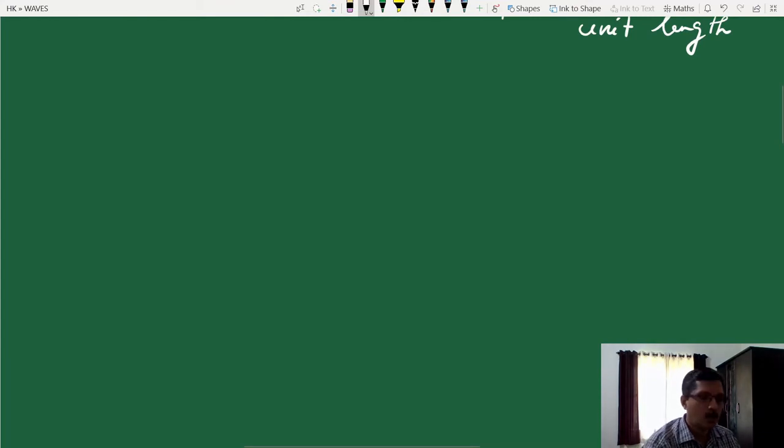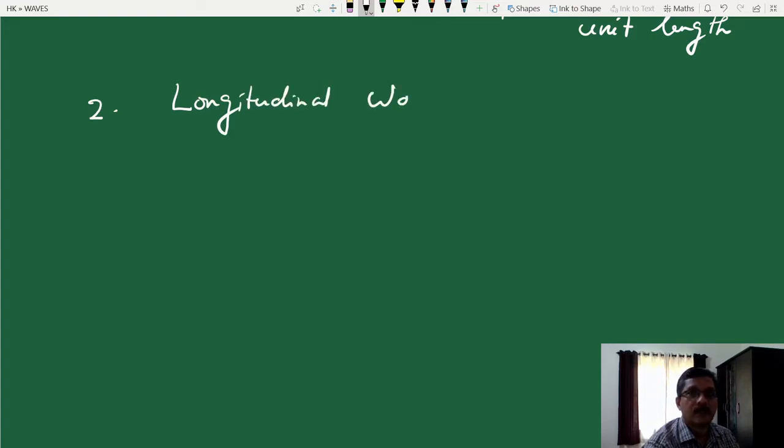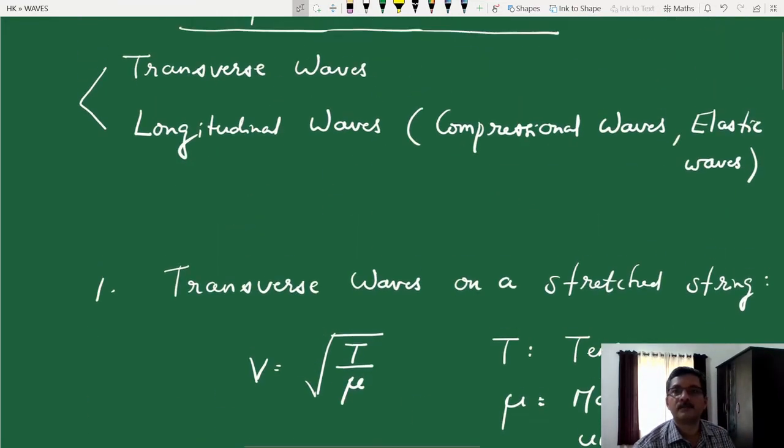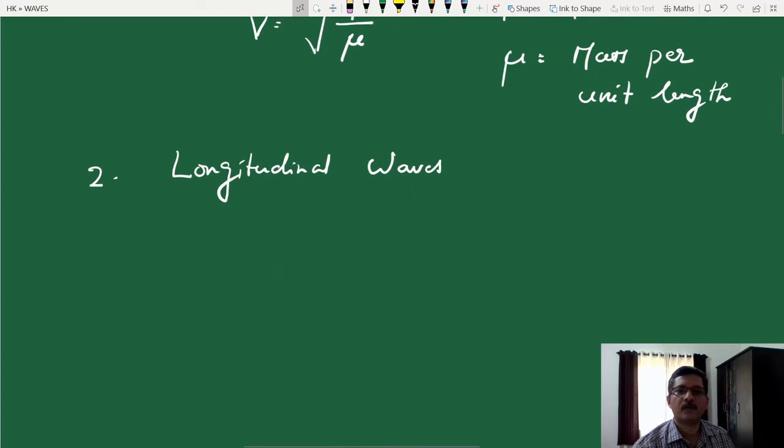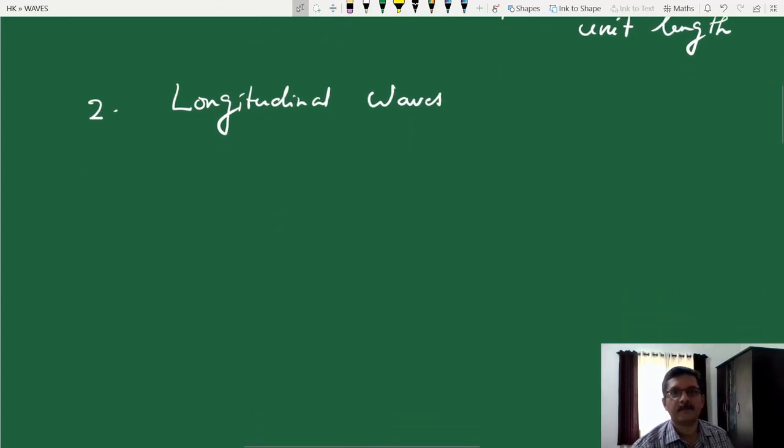Now consider longitudinal waves. As I have expressed before, longitudinal waves are also called compressional waves. They are also called elastic waves. We can also call them sound waves. The only point is that even though we call them sound waves, only a small frequency range is audible to the human ear, 20 hertz to 20 kilohertz.